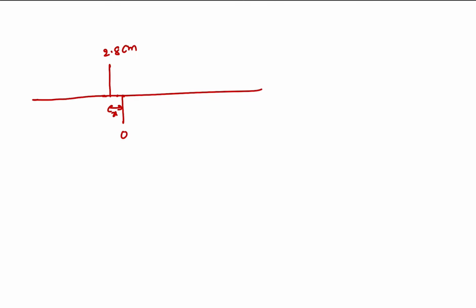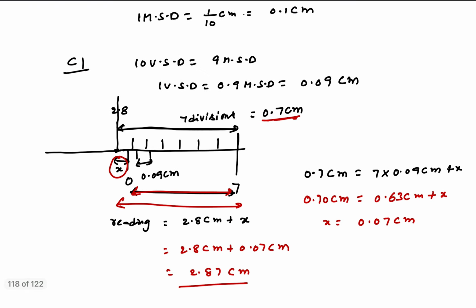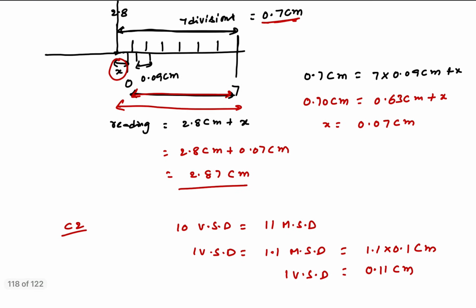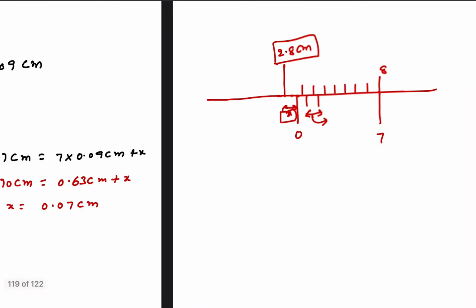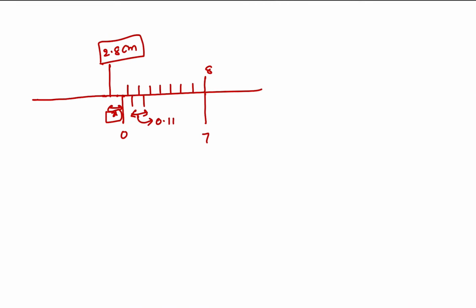This is my x. My reading is this 2.8 plus this x value. Now you can see 1, 2, 3, 4, 5, 6, 7, 8 divisions are there, up to this 7th division coincides. Now you can see the separation between each division. What is each division? I have written here 0.11 centimeters. Okay, 0.11 centimeter. Like this, how many divisions are there?